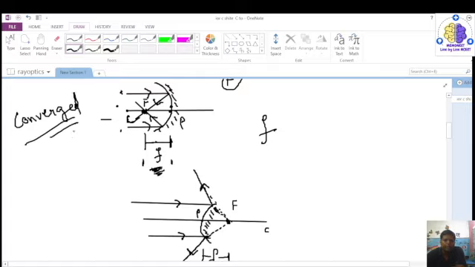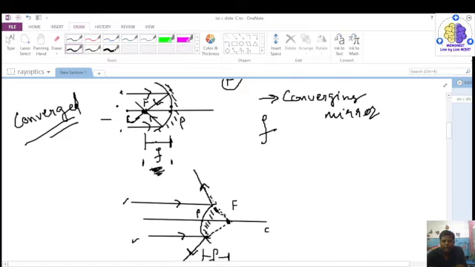The light rays are getting converged, and therefore the concave mirror is known as converging mirror, right? Now, in the case of a convex mirror, there are two light rays coming from two different points.